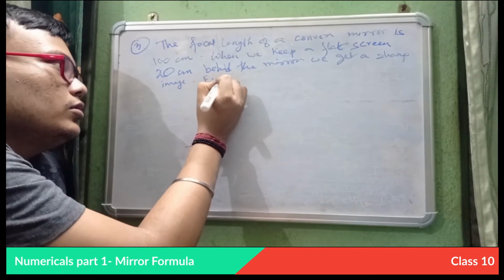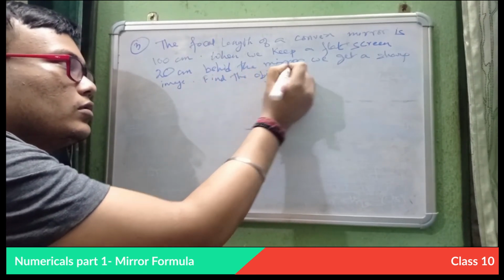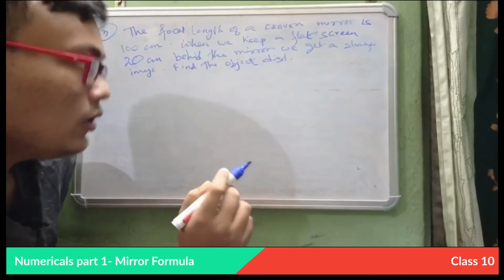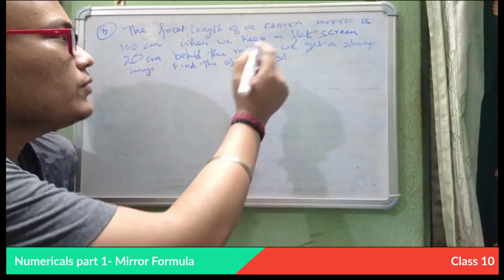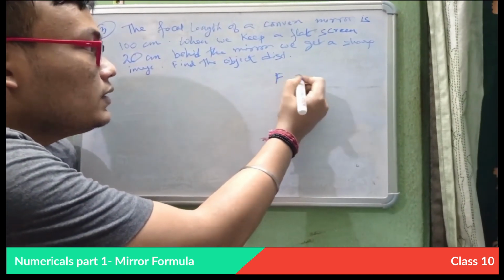Find the object distance. Now this is the question. What information can we get from the question? The focal length is given, that is 100 centimeters.